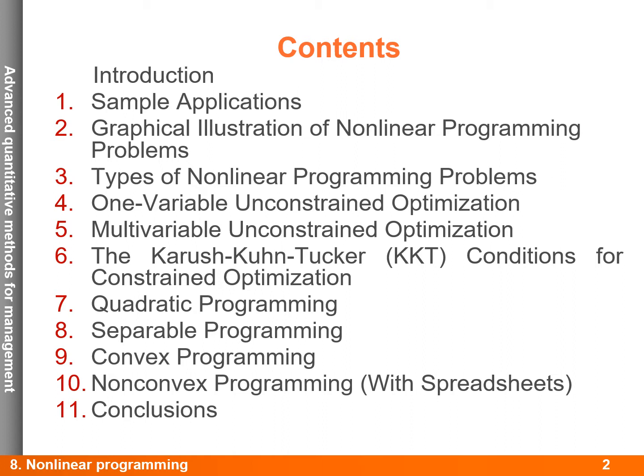Then we review the KKT model, the solution of KKT for constrained optimization, quadratic programming, separable programming, convex programming, and non-convex programming. And we finish this chapter with our conclusions.